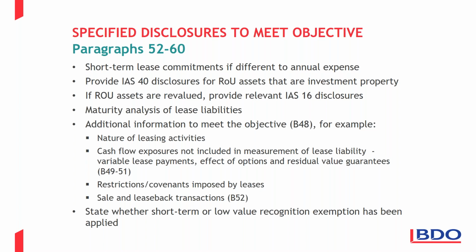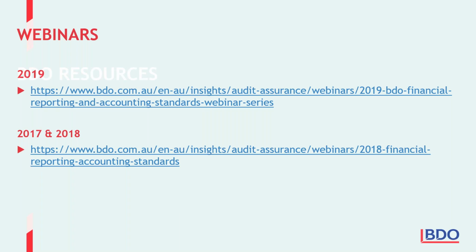Then from next year, and you have to start to get ready for that, you'll have to do transitional disclosures, and then from next year and all the years in future, you'll have to do these annual IFRS 16 disclosures.